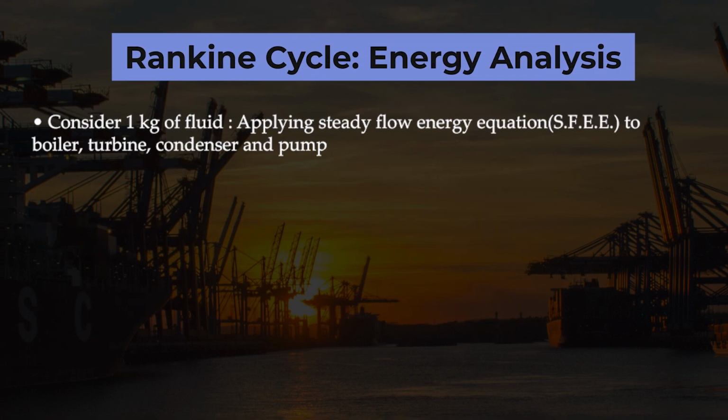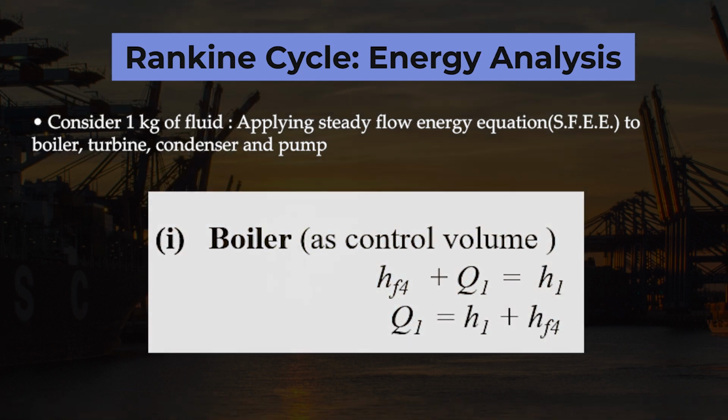So, if I consider 1 kg of fluid, applying the steady flow energy equation, SFEE, to the boiler, turbine, condenser and pump, we can get the equations here. Boiler: HF4 plus Q1 is equal to H1, so Q1 is equal to H1 minus HF4.